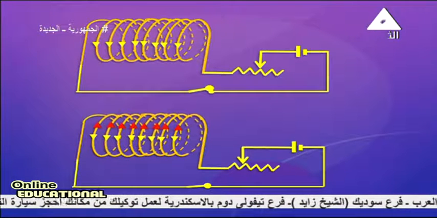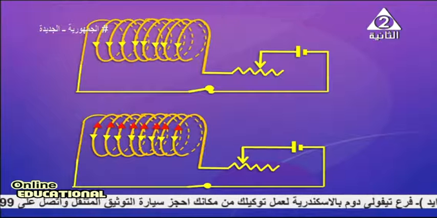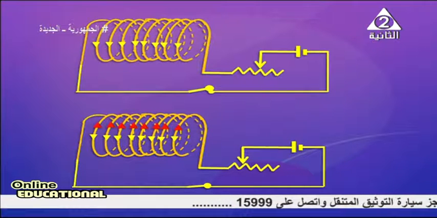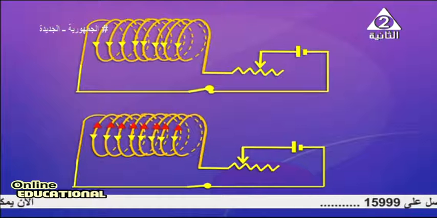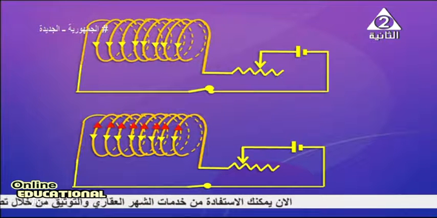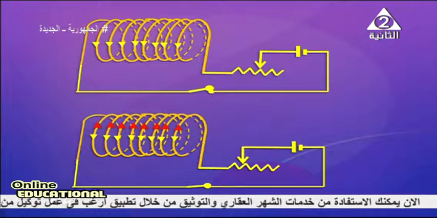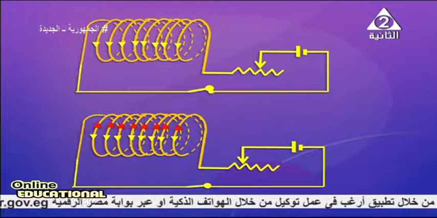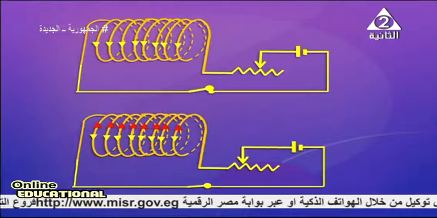So we've got a changing magnetic field once again intercepting the coil. It is increasing, and this will induce a backward current, a current that flows in the opposite direction to oppose the change. The change is an increase in the magnetic field.